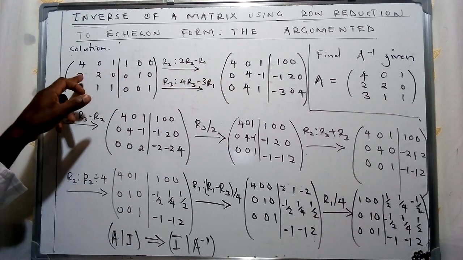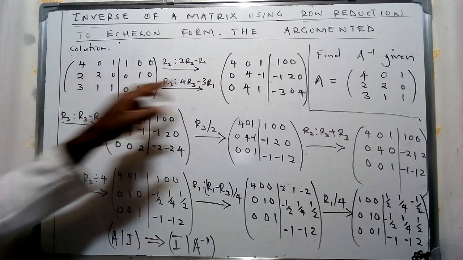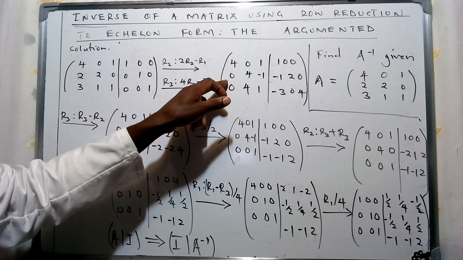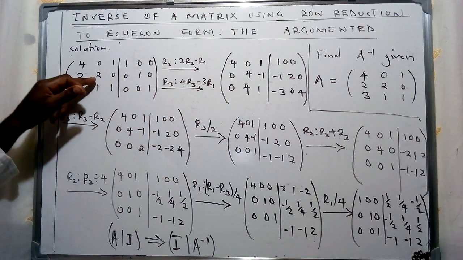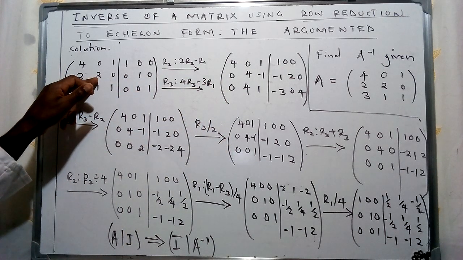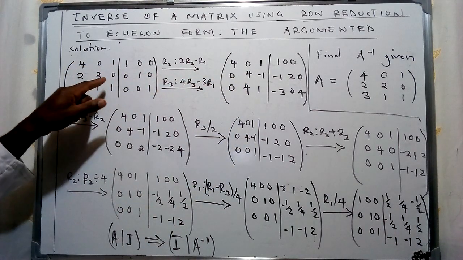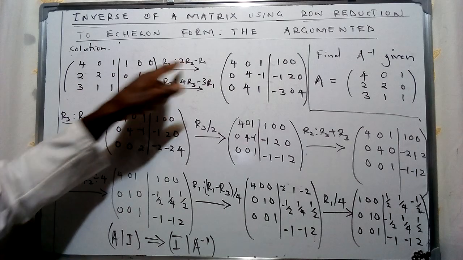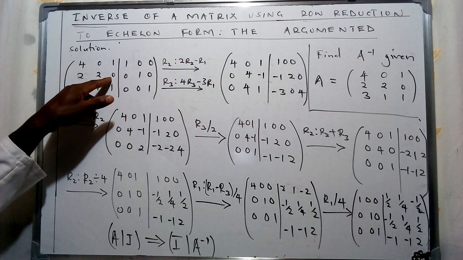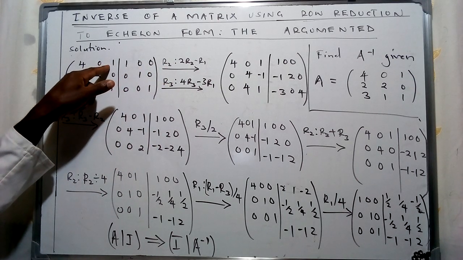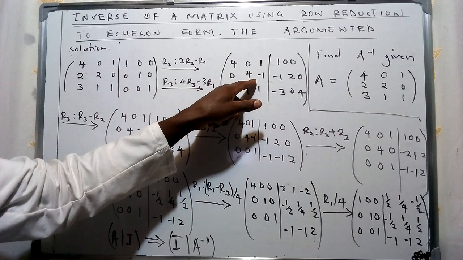So the first element of the second row is transformed to 0, and then we shall have 2 times 2, which is 4, minus 0, giving us 4. This is also 2 times this element of row 2, which is 0, minus 1, giving us negative 1.